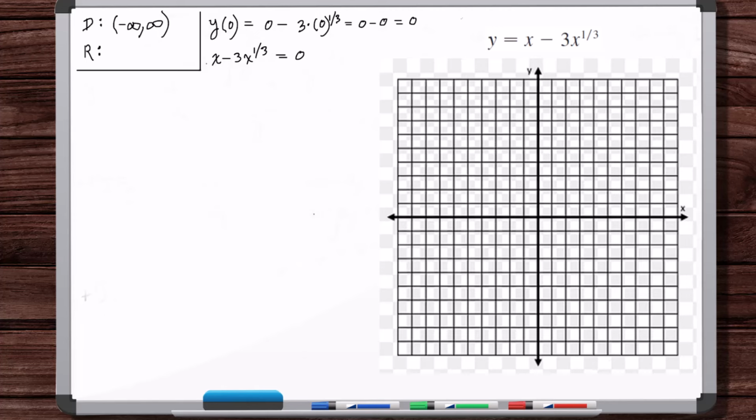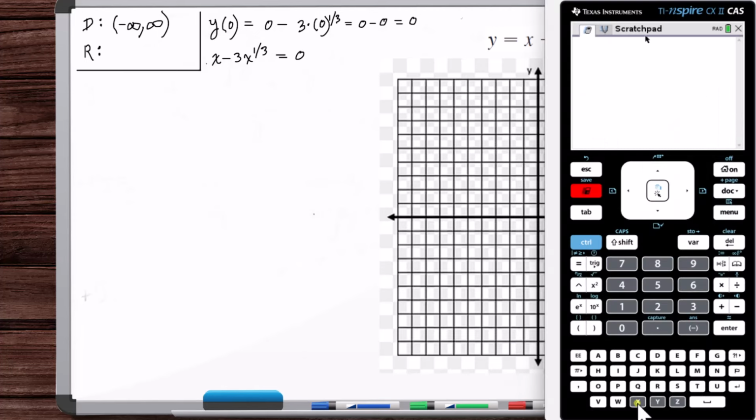Let's just go ahead and put this into our calculator. So we've got x minus 3 times x to the 1/3. That's the main equation, so we'll set that as e.